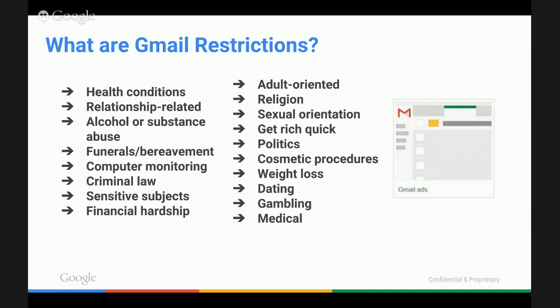Another one would be, for example, sensitive topics such as funerals or criminal law or anything related to finances and negative financial status. So anything that is related to getting rich quick or financial hardship. Basically, every sensitive topic that falls under the non-AdWords compliant policies.